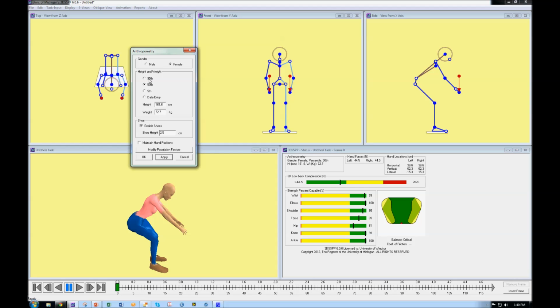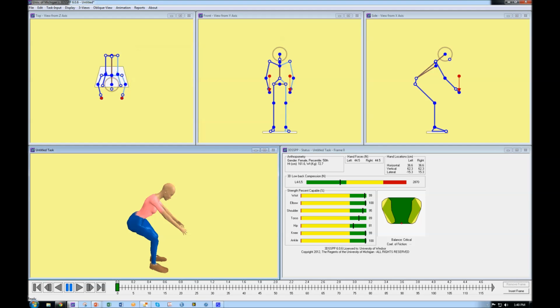In fact, it has 95th percentile, the very large individual, to the very small individual, or you can simply click on data entry and add in any value you want, and the mannequin will represent that gender at that size. For now, we're going to keep it at the 50th percentile. Apply and OK.